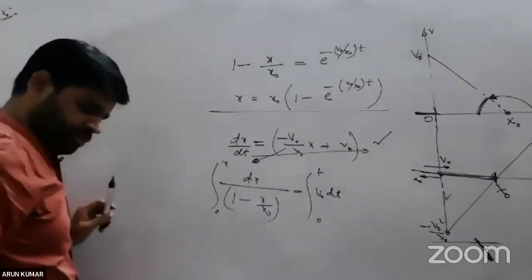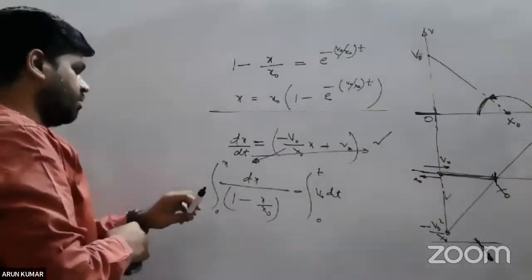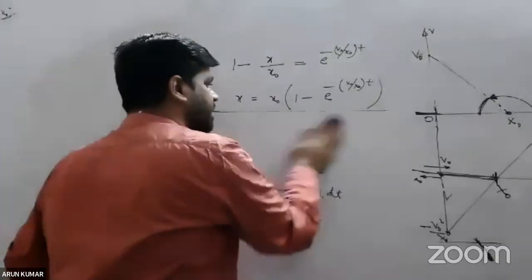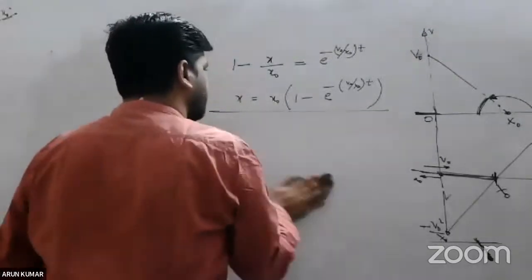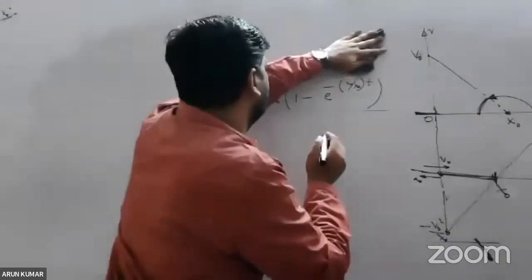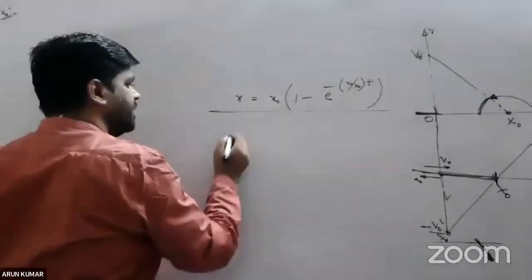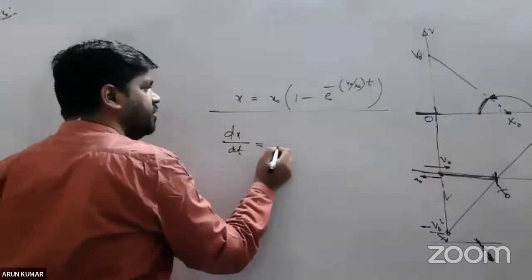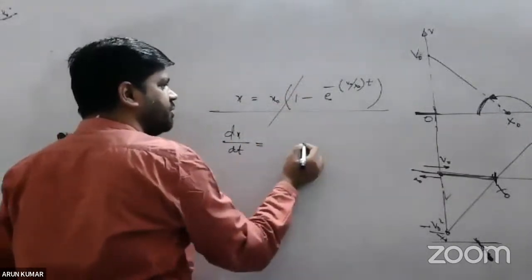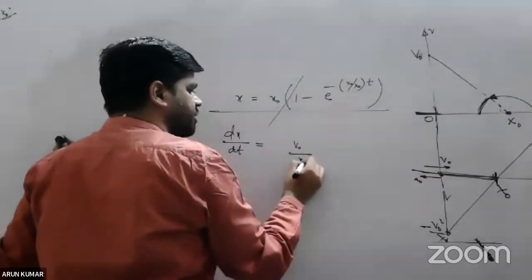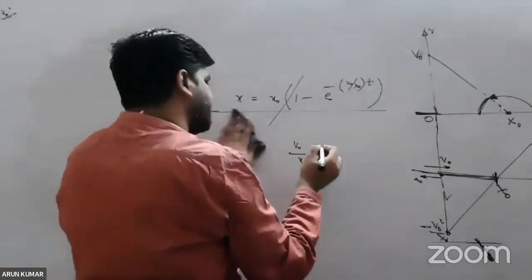Okay. Now let's start this one. x as a function of t I've got. v as a function of t would be, differentiating this, dx by dt. This is a constant, so this becomes 0, and this becomes v naught by x naught into e power... Can you differentiate this and tell me?